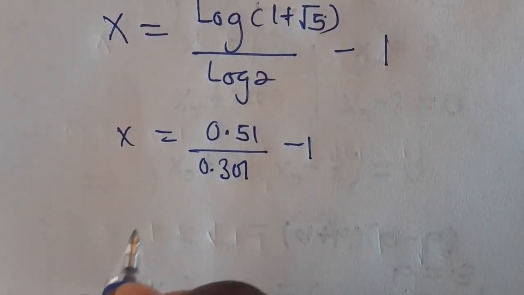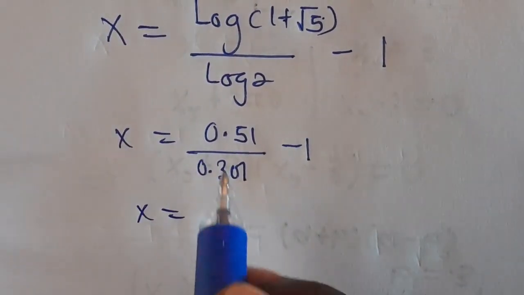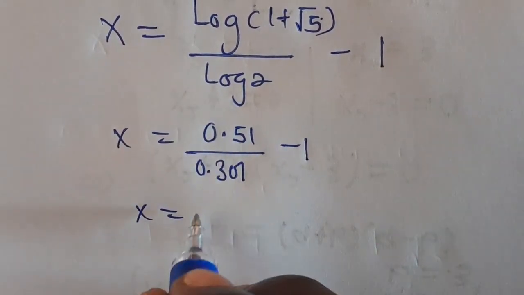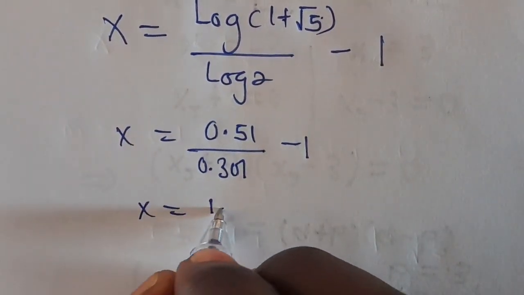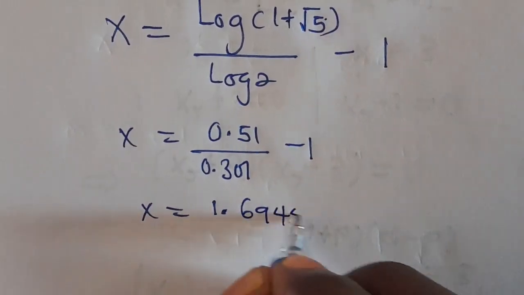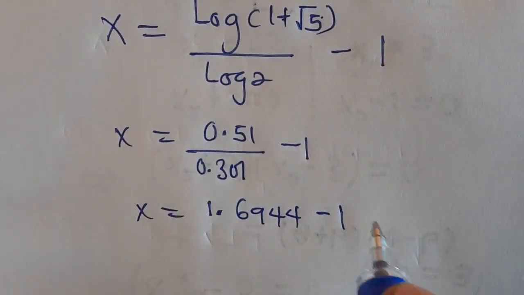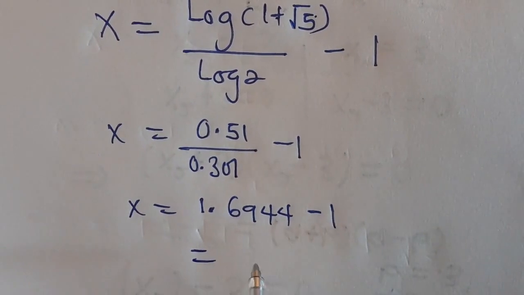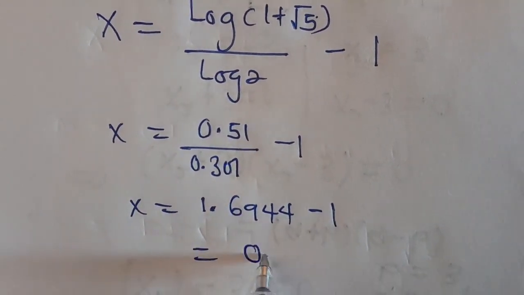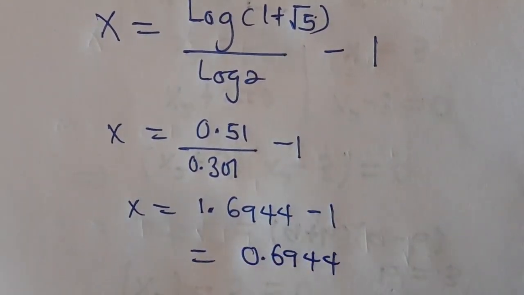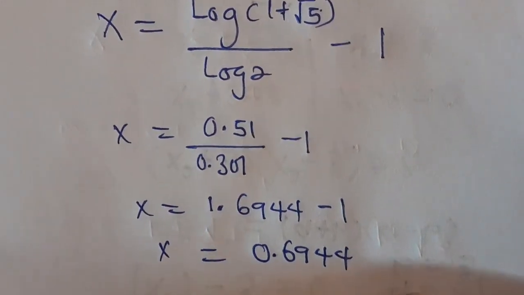And so from here we have our x to be this divided by this, 1.6944 minus 1. And so we have this to be equal to 0.6944 as the value of x.